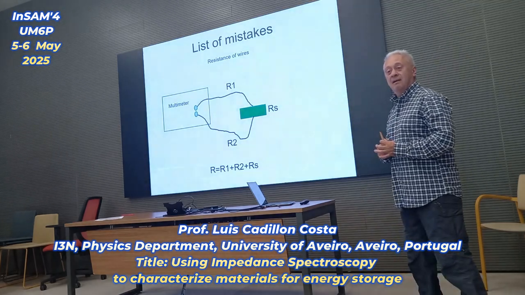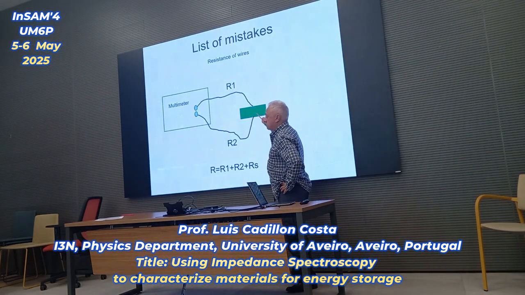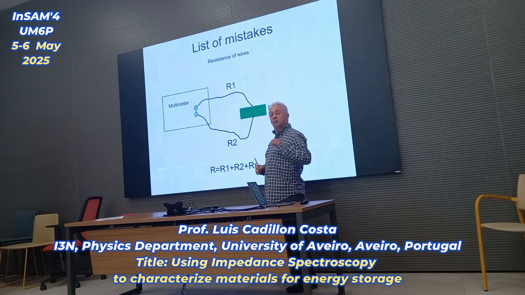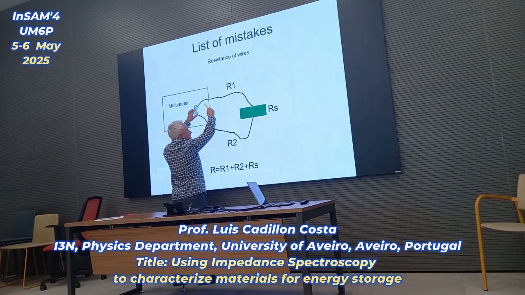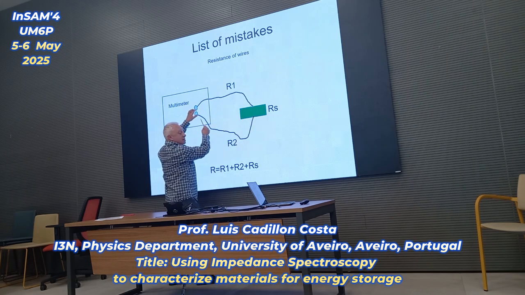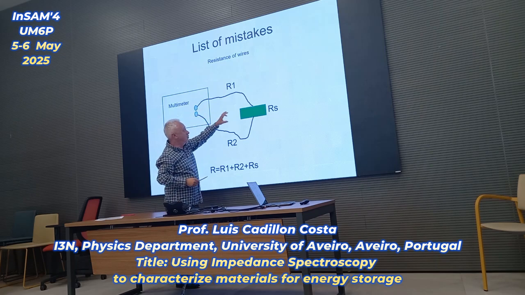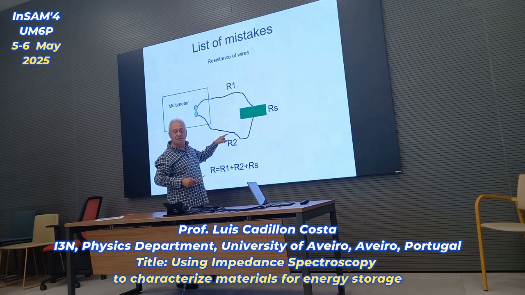Another mistake: if I measure, for example, the resistance of this sample, and this resistance is very small, for example a very conductive material, actually I measure the resistance of this wire plus this and plus this. If this resistance is very small, this is very important.